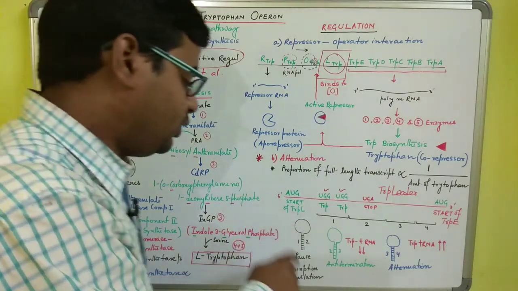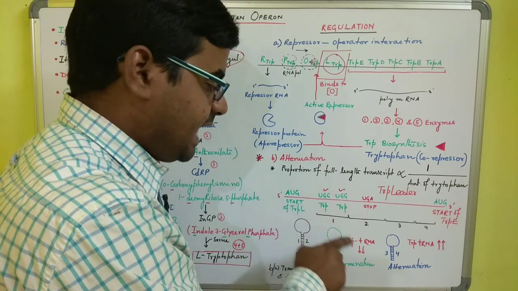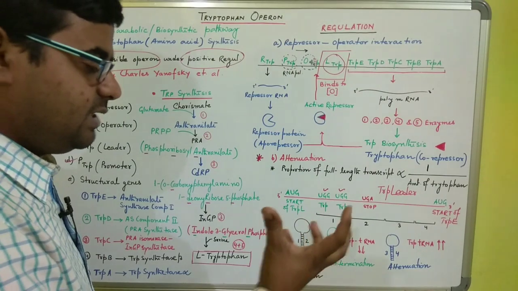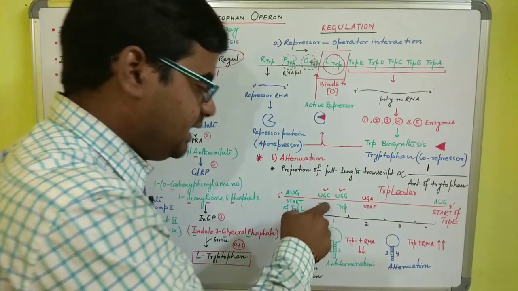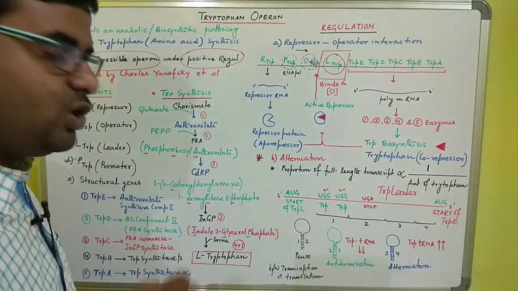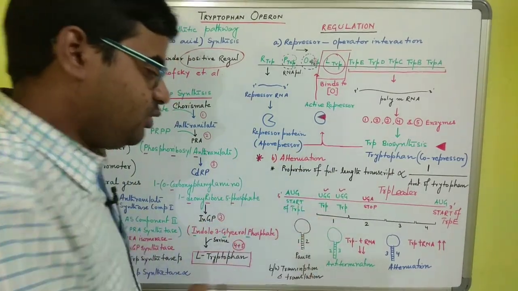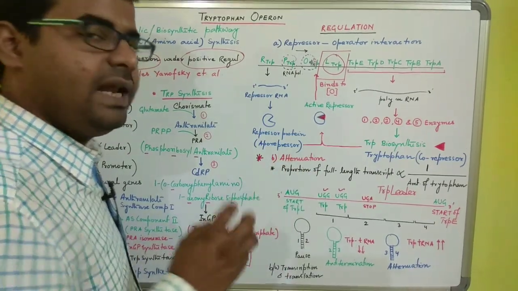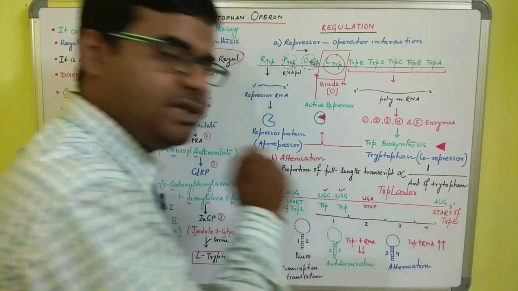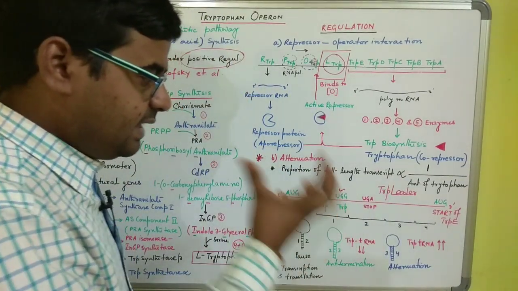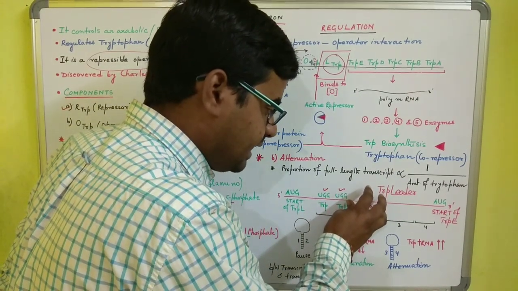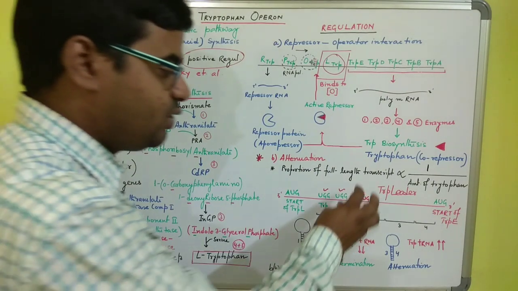When tryptophan is present in high quantity in the cell, these codons will be read by tRNAs, in the presence of the ribosome, and those tRNAs carry tryptophan because tryptophan is present in the cell. That means the tryptophan tRNA is present in high concentration. In that situation, the ribosome will move from the first region to the second region.